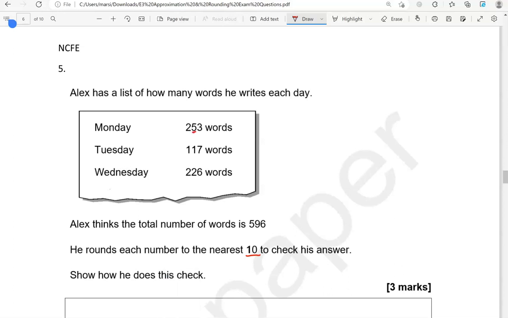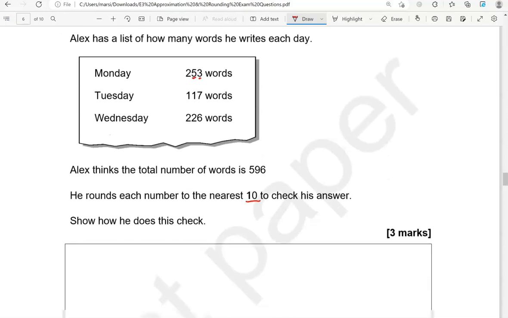The 5 represents the tens. So that number is between 250 and 260. To decide, we're going to look at the 3 here. So the 3 is below 5, that's why we're going to round down. So we're going to keep this as 250.